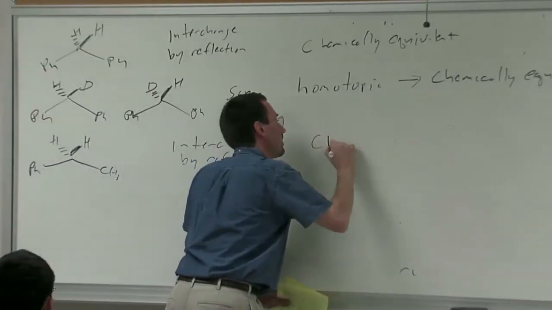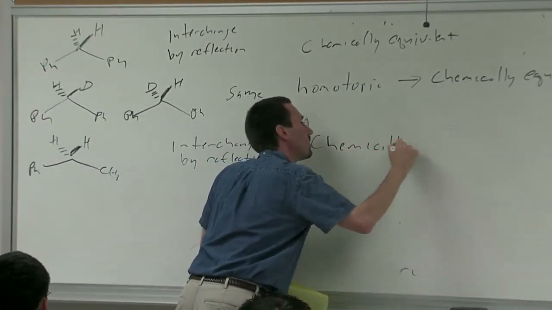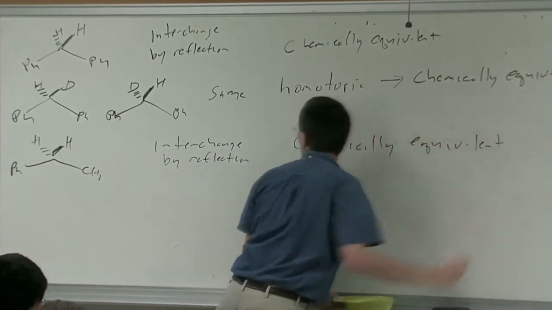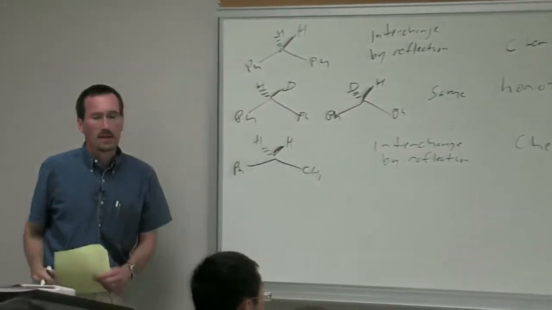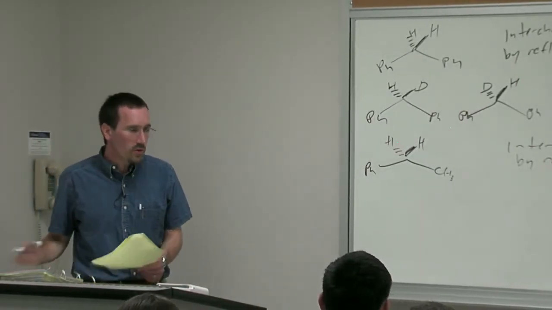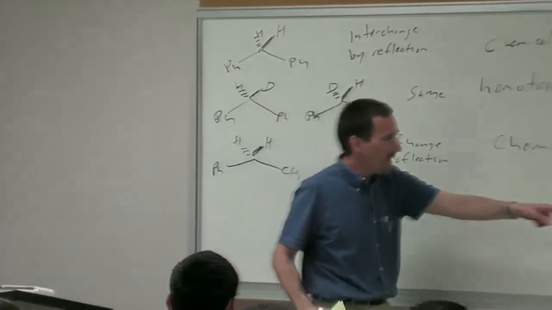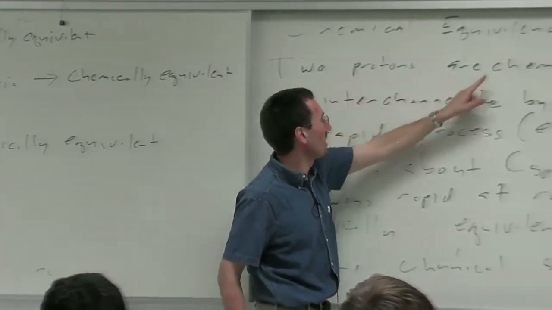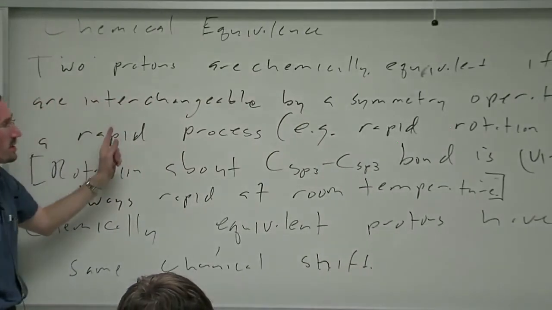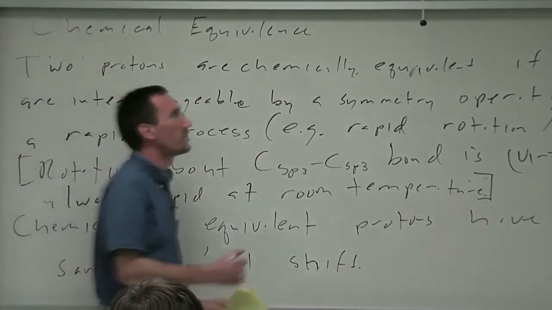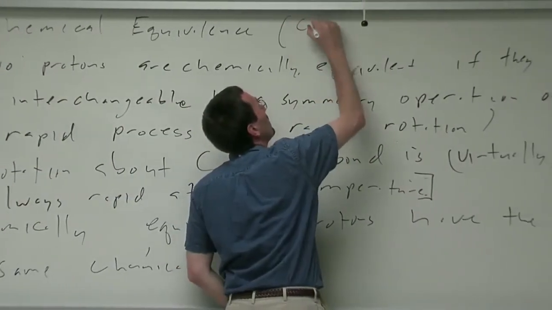They're chemically equivalent. You can't tell them apart, so they have the same chemical shift. And two protons that are chemically equivalent are the same and don't split each other. So chemically equivalent protons don't split each other.